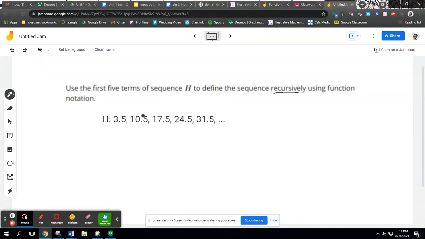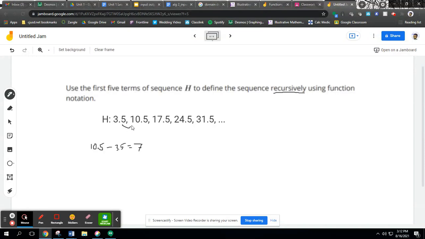To check for a common difference, I could take the next term and subtract the previous term. So I could say, hey, 10.5 minus 3.5. That gives me 7. All right, so this is my potential common difference.